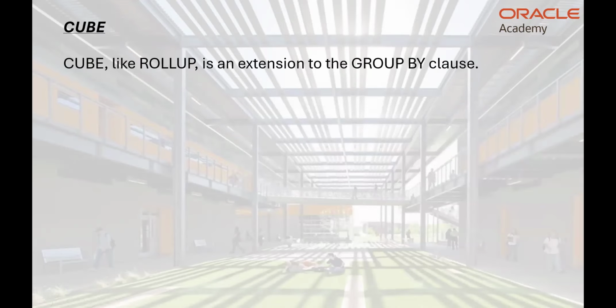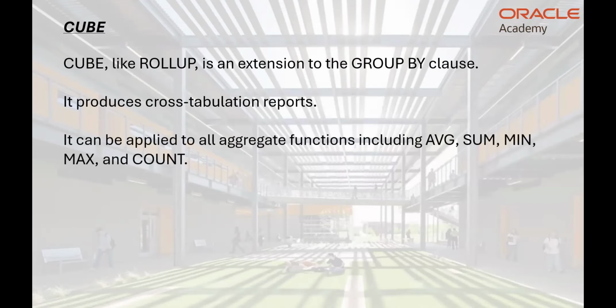Now the cube is another extension of the group by clause. It produces a cross tabulation report. And yes, once again, accounting and spreadsheets and all that. If you're really into all that, this is for you. I am not, so I will frankly say that, but it can be useful to illustrate certain data points or information.